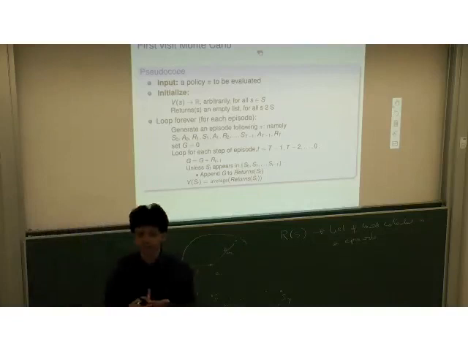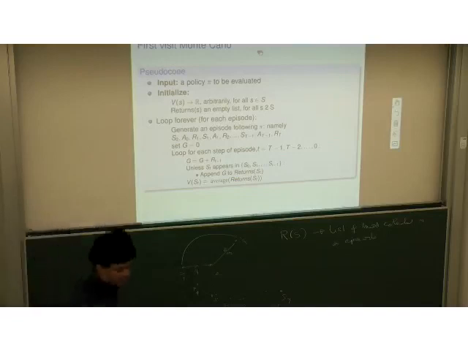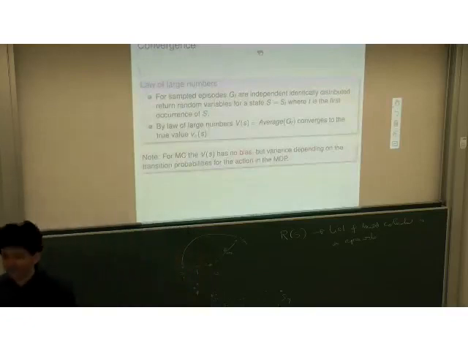Why do averages work? If I look at the average of many things, why do I have a good idea of what the value of that thing is? Is there an explanation of that? Law of large numbers. That's all there is to this algorithm, right? This algorithm works only because of the law of large numbers.